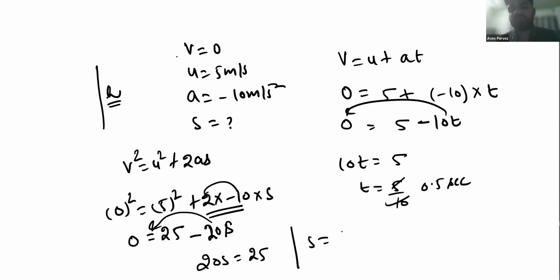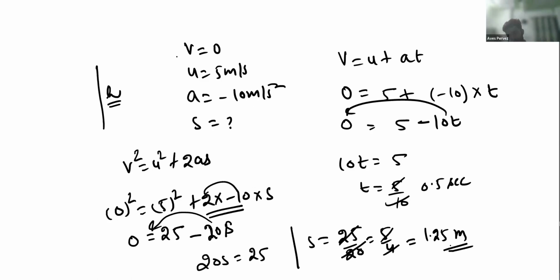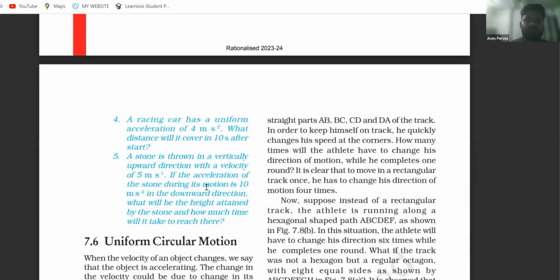Then s is equal to 25 divided by 20, you will get 5 by 4, which is 1.25 meters. Now you understood? Everybody in the class? Okay. Understood. Prashita, you understood? Yes, sir. Let's do the next question.